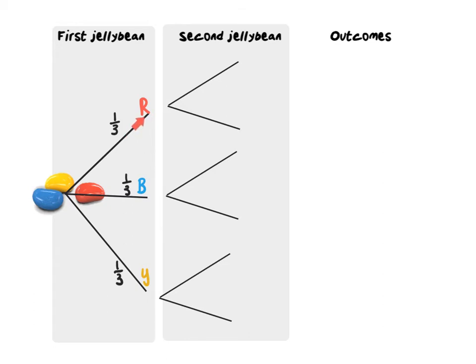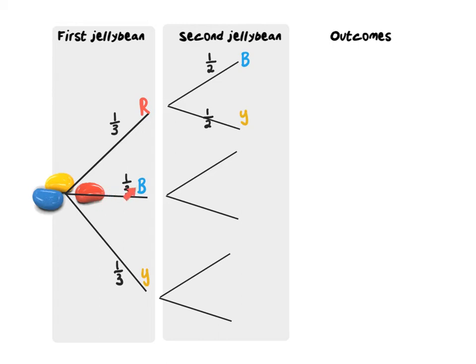So after you've chosen and eaten the red jelly bean, you now only have a blue and a yellow jelly bean left over. This means that choosing a blue one is a 1 in 2 chance and a yellow one is a 1 in 2 chance. And there is no red jelly bean because you've eaten it.